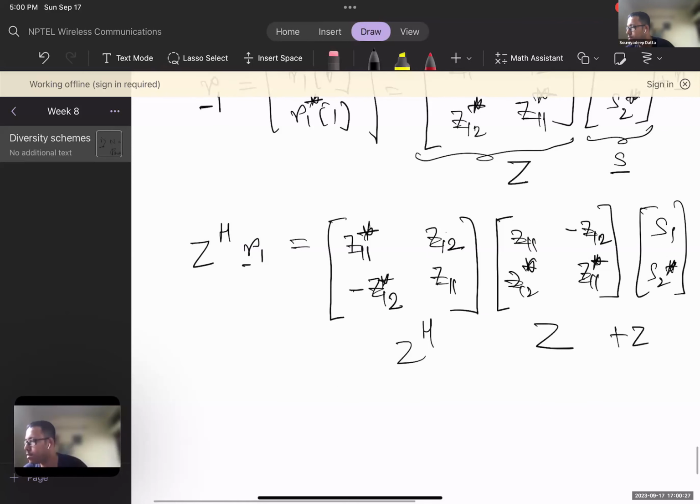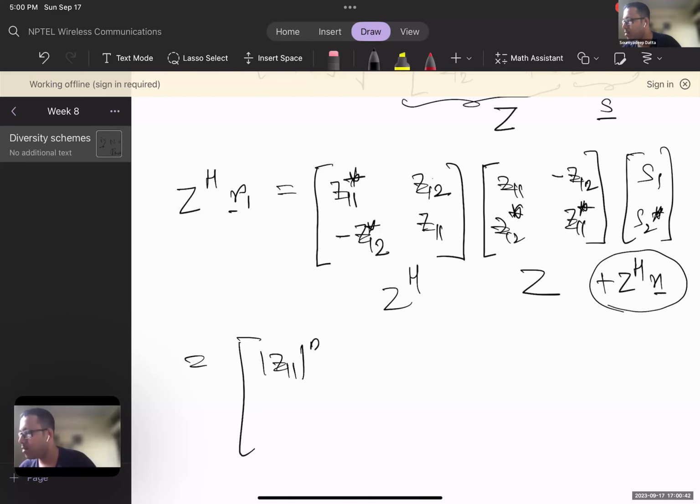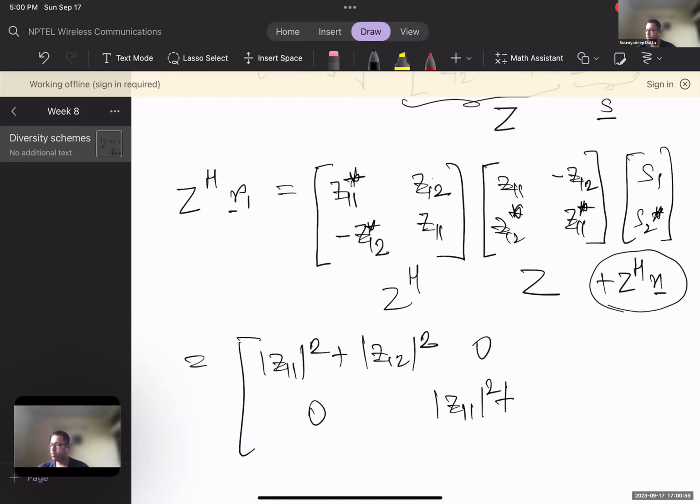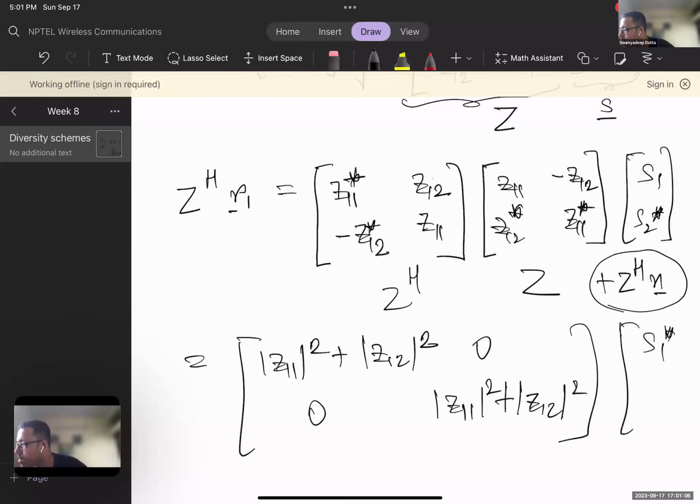If you do the multiplication, you will get something like mod Z11 squared plus mod Z12 squared. And then the cross terms will go to 0. So this will come to 0, this will come to 0, and this will again give you this thing times S1 and S2 star.